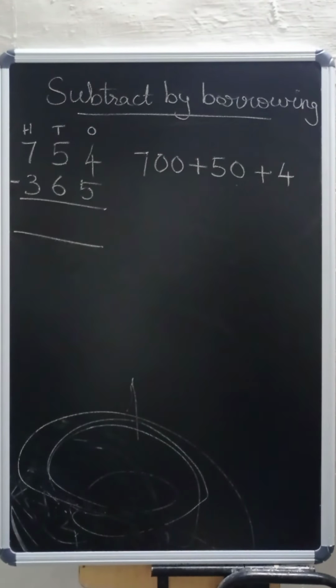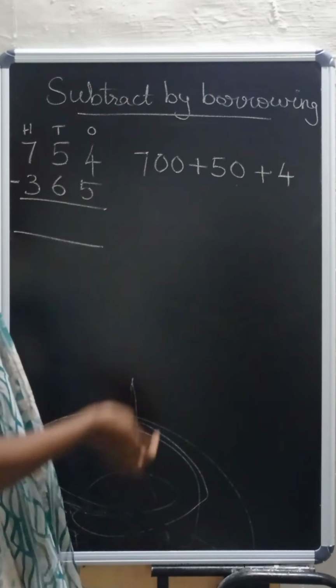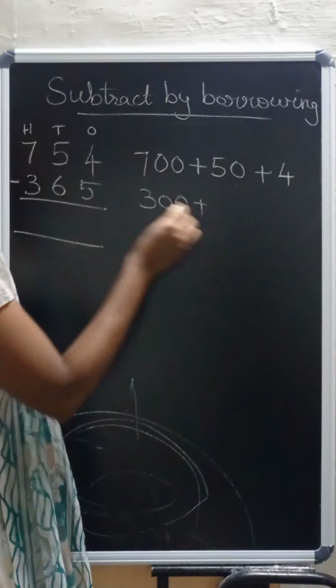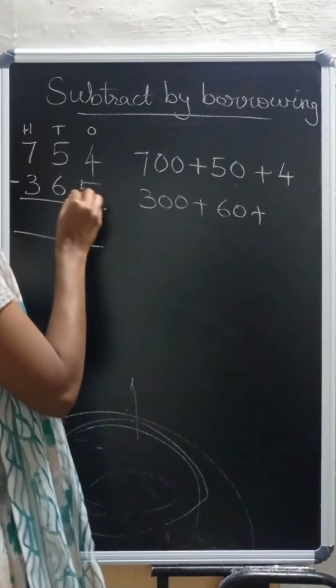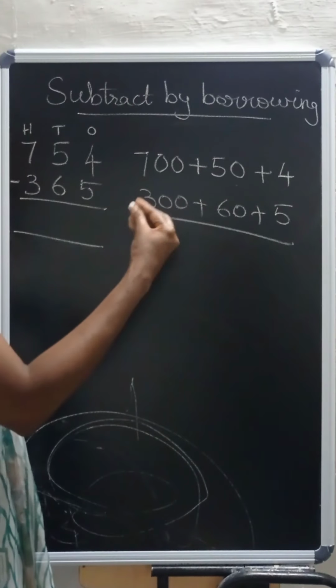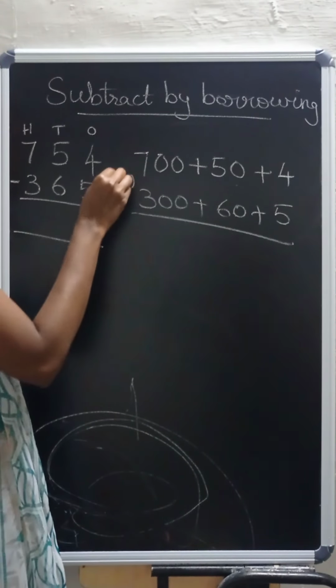Next, 365. So 300 plus 60 plus 5. Ones, tens, hundreds. Now we are going to subtract.